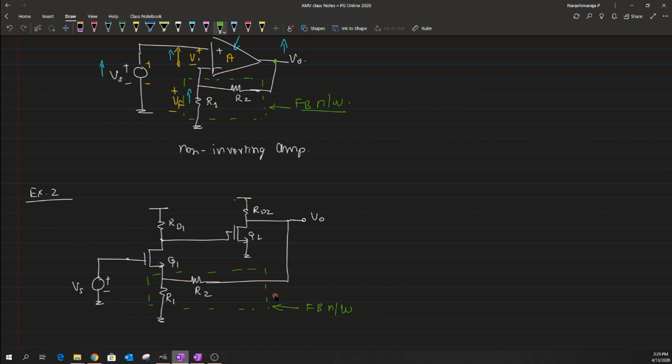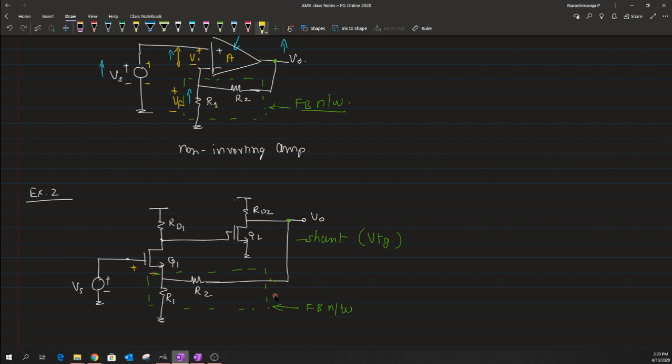Let us try to identify whatever feedback network it is. Is it a series shunt feedback or is it something else? In this case the input to this feedback network basically samples, or directly reads, the output voltage V naught. So the type of connection that I have made is known as a shunt, which reads a voltage. Okay, but how is that being fed back to the input? As you can clearly see, in the place of Vi, what I have here is my VGS.